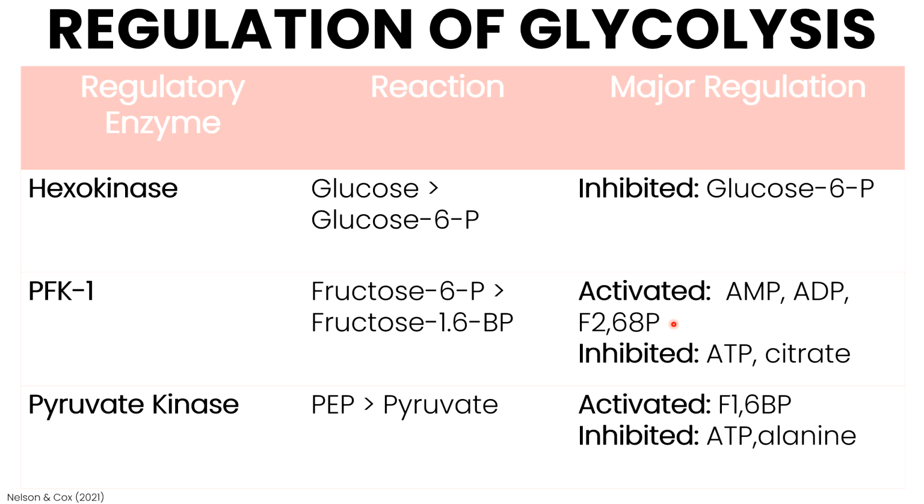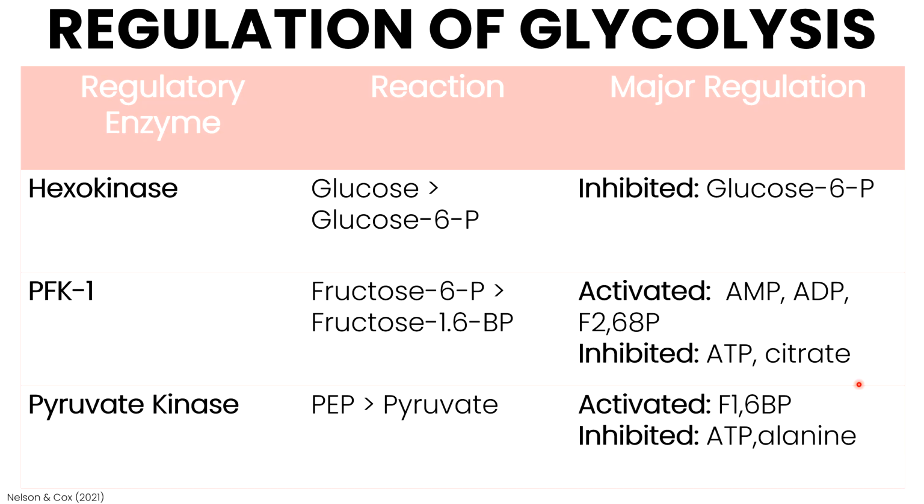So now we're going to move on to our third and final enzyme, pyruvate kinase. This is a third major regulatory enzyme. This enzyme, pyruvate kinase, is going to catalyze the final step of glycolysis. High levels of ATP and alanine inhibit pyruvate kinase, again helping slow glycolysis when energy or biosynthetic precursors are already abundant.